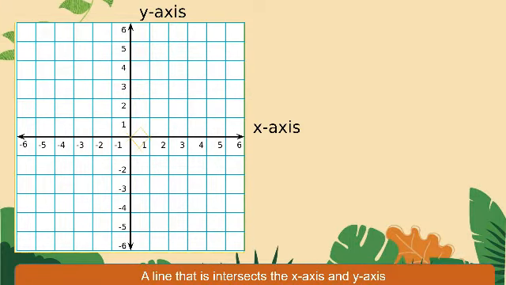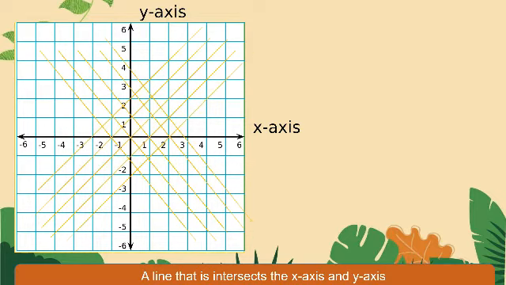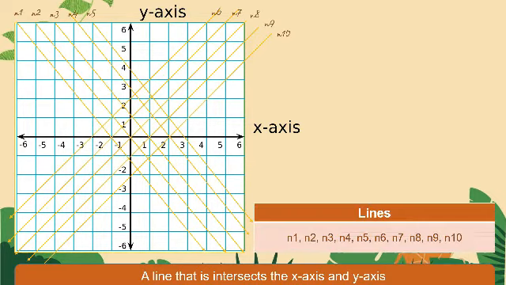We can also take advantage to create our pattern by taking lines that intersect the x-axis and y-axis, like this. We can see in the figure that lines N1, N2, N3, and so on until N10 are lines that intersect the x-axis and y-axis.